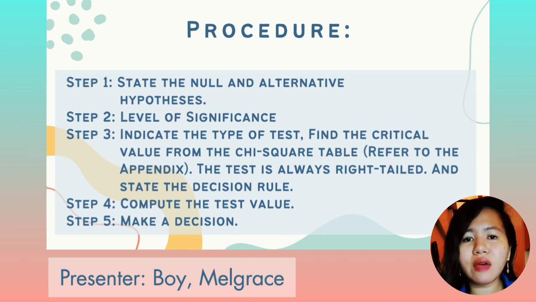Step 2, level of significance. Step 3, indicate the type of test, find the critical value from the chi-square table, the test is always right-tailed, and state the decision rule. Step 4, compute the test value. And last, step 5, make a decision.